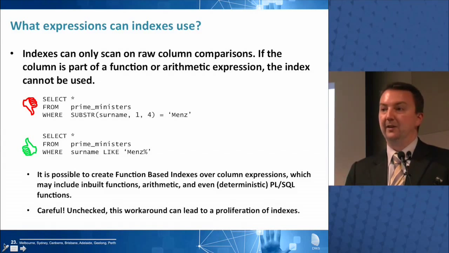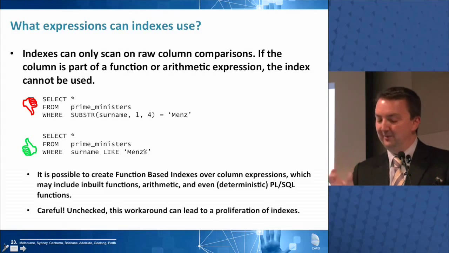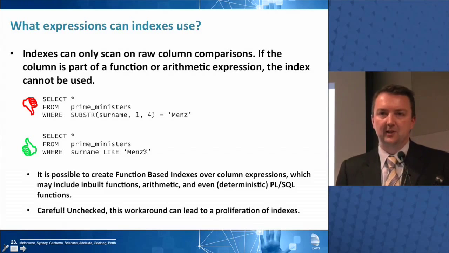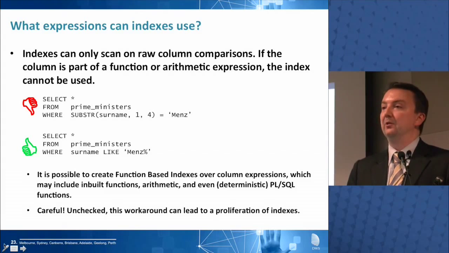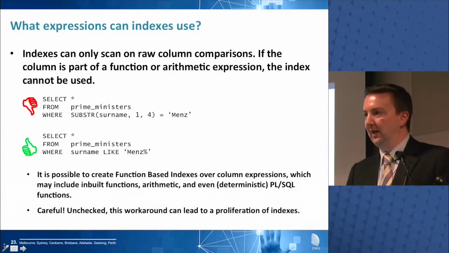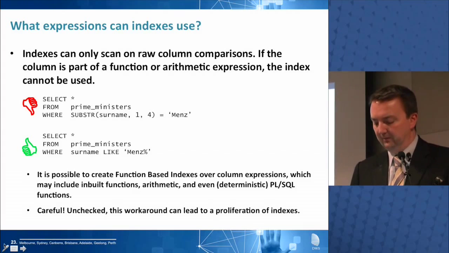If we did another SQL on substring(surname, 1, 5), it's not going to use the index on 1, 4. It only works when your SQL exactly matches it. But it's a technique that you can use, function-based indexes. Just be very careful with them. It's very easy to allow them to proliferate. If you get lazy, write your SQL first, tune it later by adding function-based indexes, you might find you have a lot of indexes.